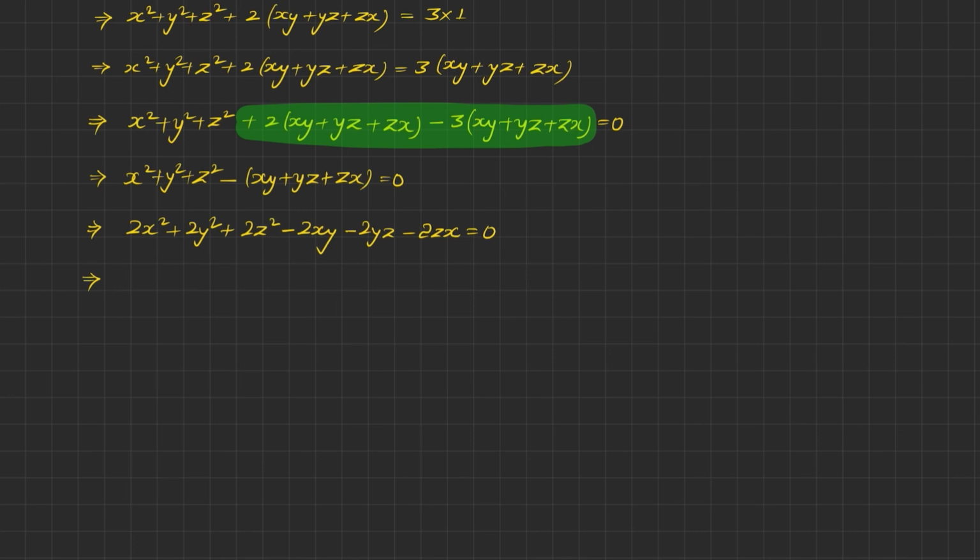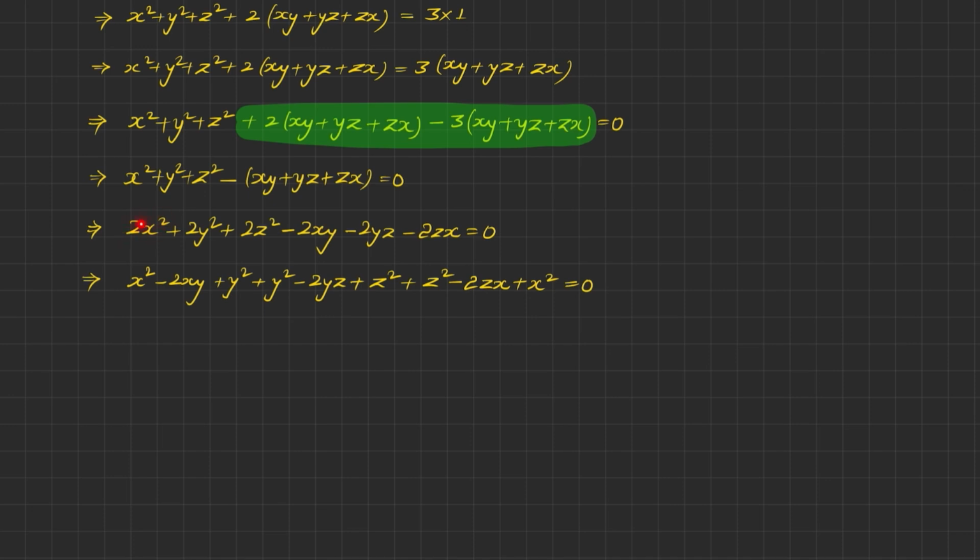Okay, so let me write 1x square here, and after that minus 2xy, and then 1y square here. So another y square will be here, minus 2yz plus z square plus z square minus 2zx plus x square equals 0. See, I'm just arranging all these terms.